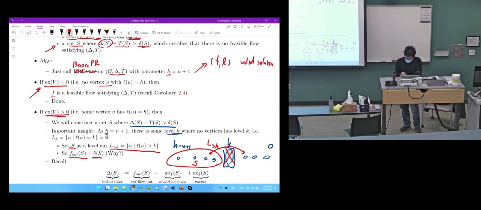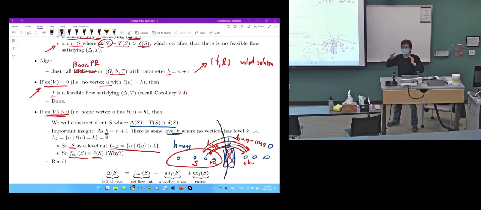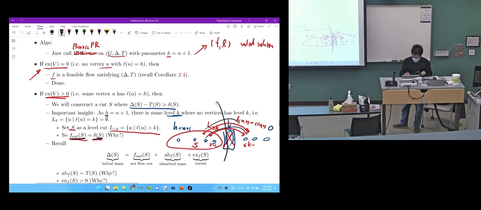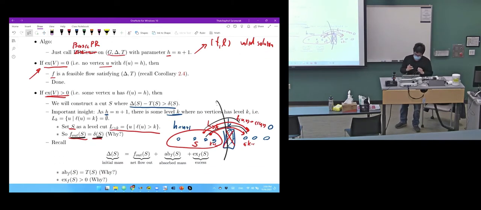If this is level k plus 1, this is going to be at most k minus 1. So every edge going out of this skips a level. So the flow here will be saturating. Just take all the edges going out of this. The total capacity here is saturated by the flow, which just means that the flow out of S is exactly the cut size. Right? So keep that in mind.